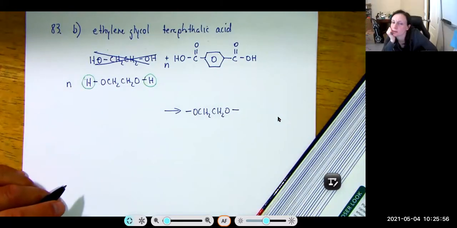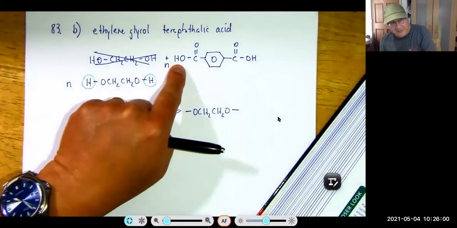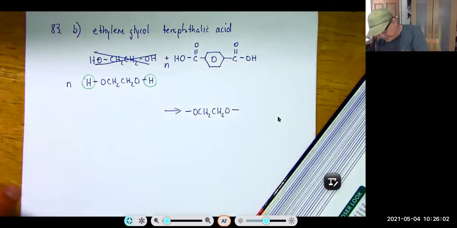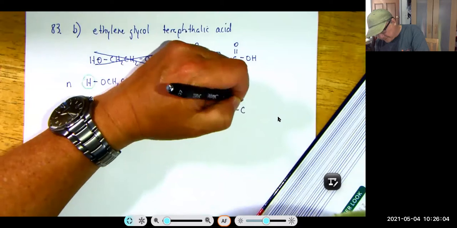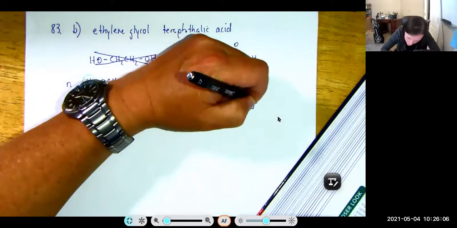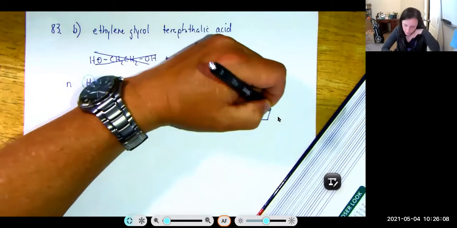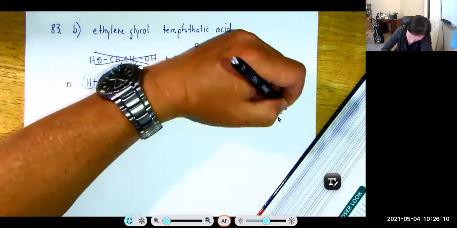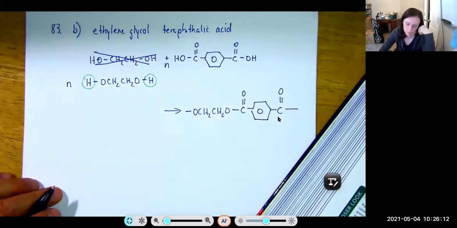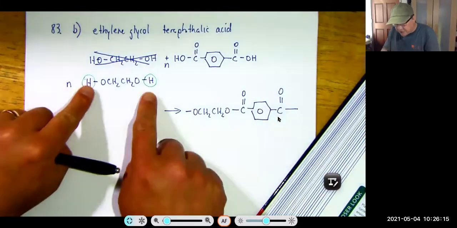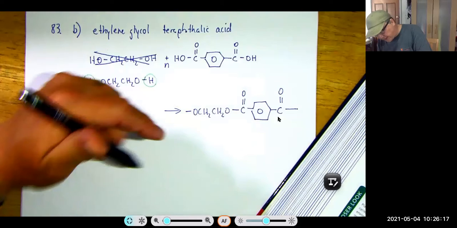So we're losing OHs. Now we're going to lose OHs from here to help make the water. So you can see we lost 2 hydrogens, 2 OHs, so we're making H2O.